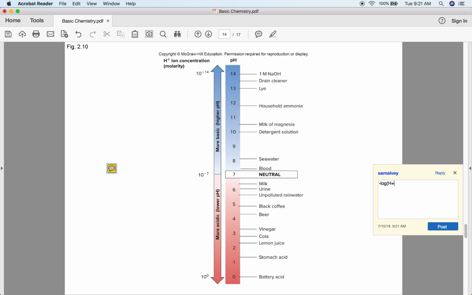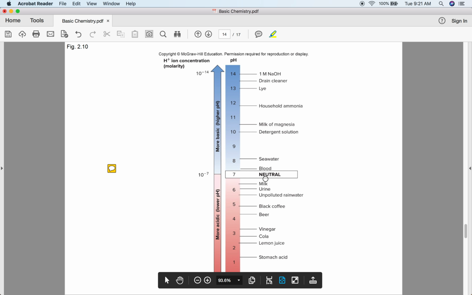I'm just putting this together quickly here for us, but it is the negative log of that H plus. What that means is that the scale then is inverted. So let's look at what happens when taking the negative log of something. Let's go with 10 to the negative 7, for example.